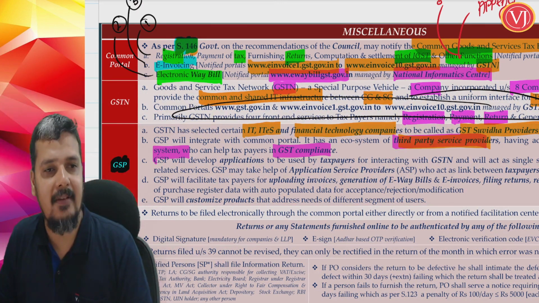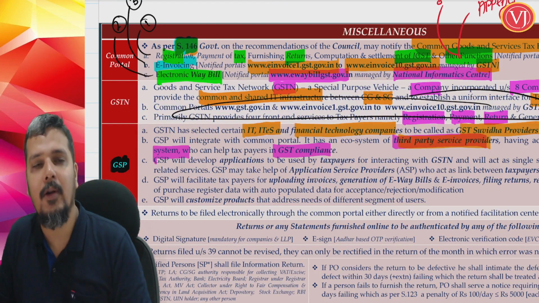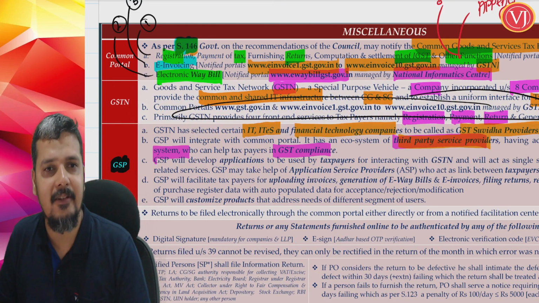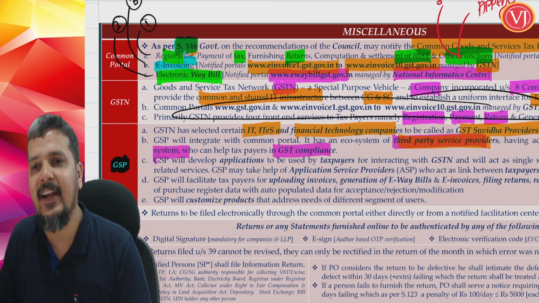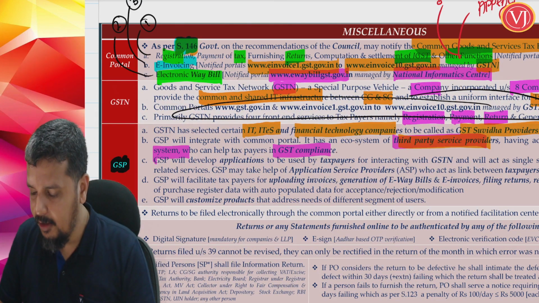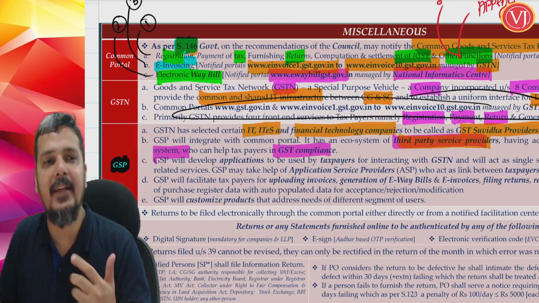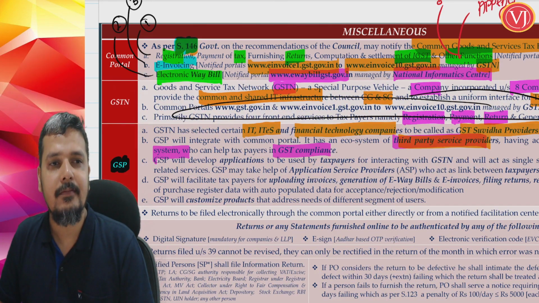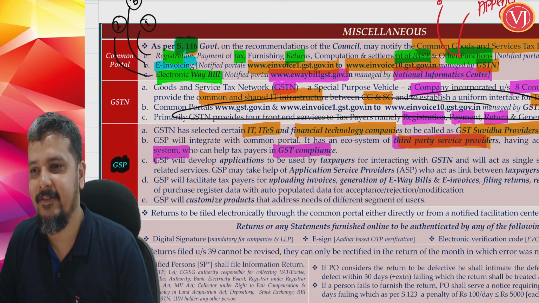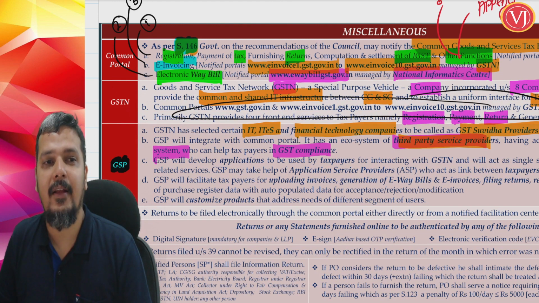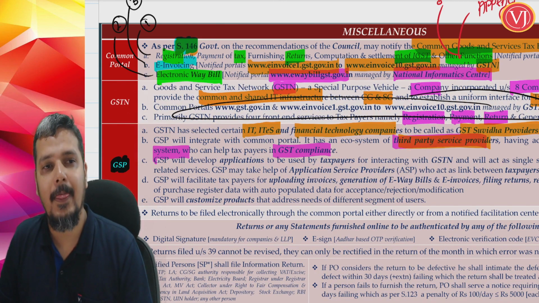A third party service provider who will talk to the portal and make the life of the assessee easy, because compliance work will be managed by your GST Suvidha Providers. Later on, they also realized that not all companies will be eligible. Not every company can call itself a GST Suvidha Provider. We call it GSP.